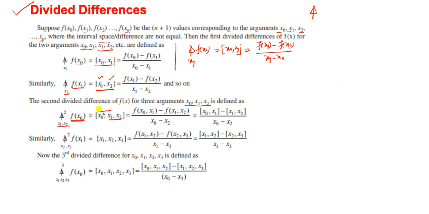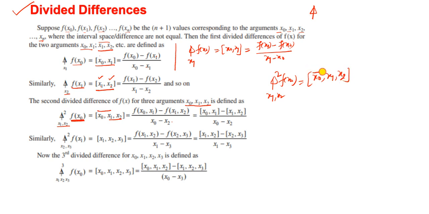Then the second order divided difference is f of x0, x1 minus f of x1, x2 upon x0 minus x2, or we can define the second order divided difference as [x0, x1, x2].